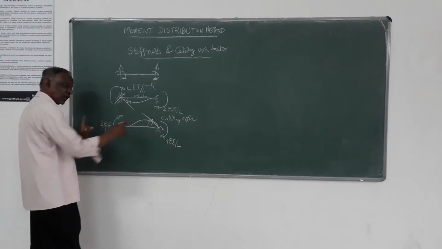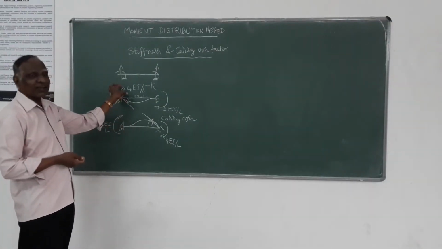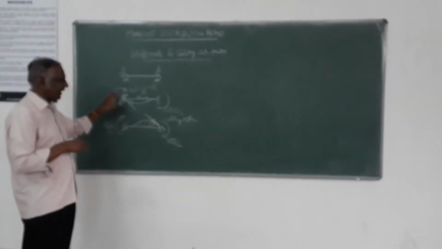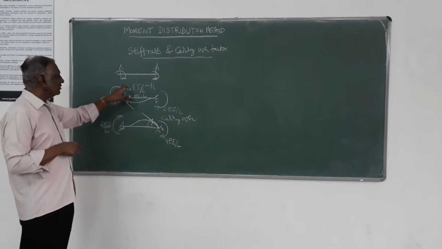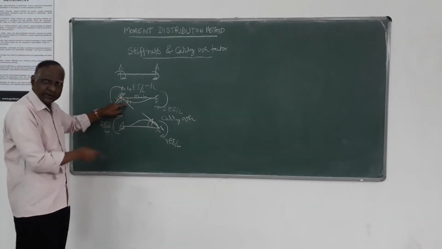This aspect has already been used in the slope deflection method also. By giving a rotation theta A at one end, the force developed at that end will be 4EI by L into theta A, because the 4EI by L is for unit rotation.